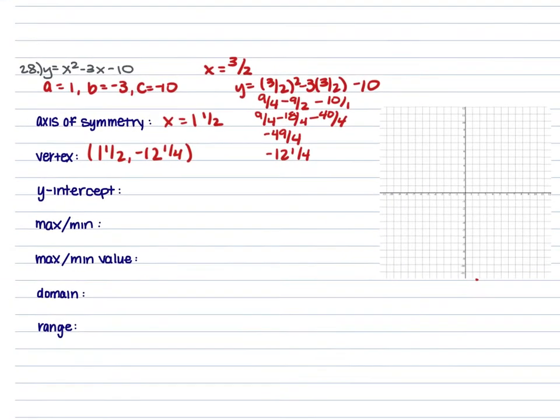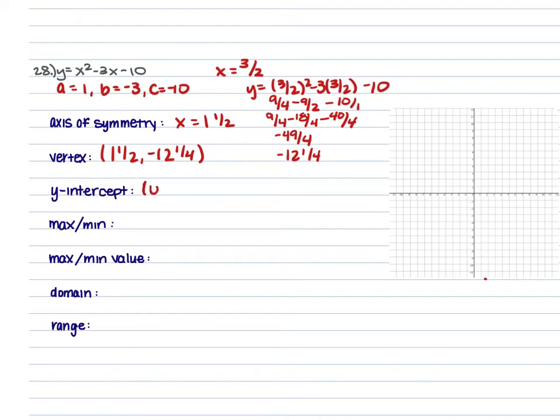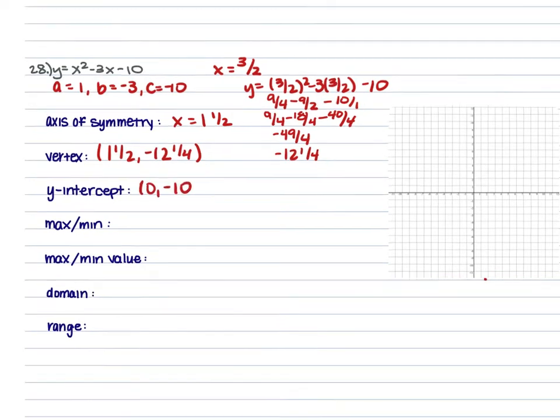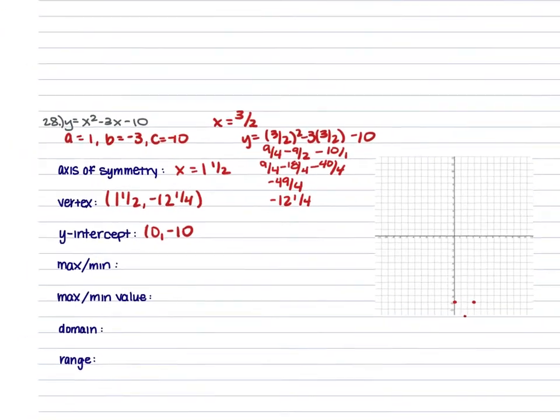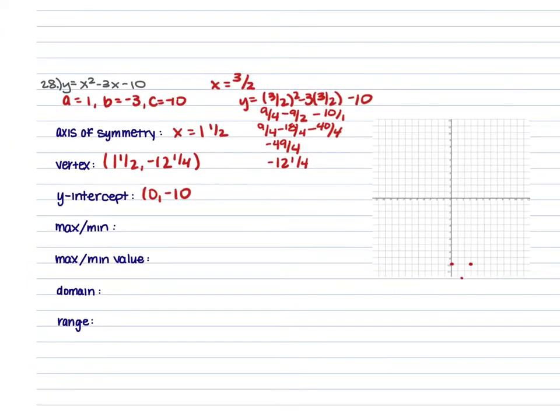So from here, we have a y-intercept of negative 10. So it's 0, negative 10. That went over 1 1/2, so we're going to do the same thing on the other side. And we're going to have the ordered pair 3, negative 10. Let's use negative 1 to find that value. So negative 1 in there for x.